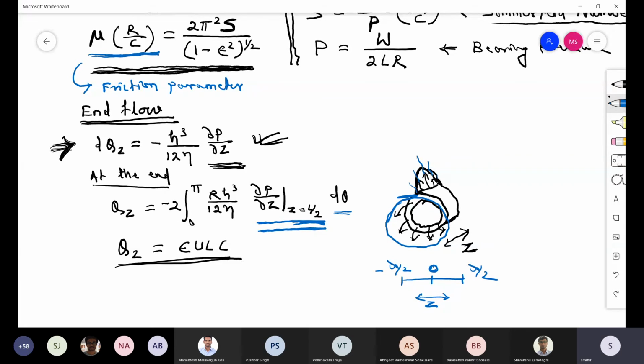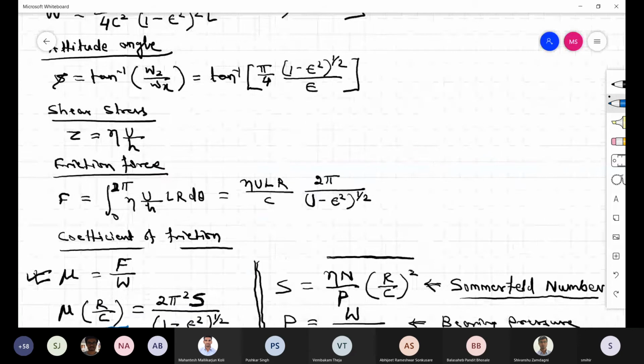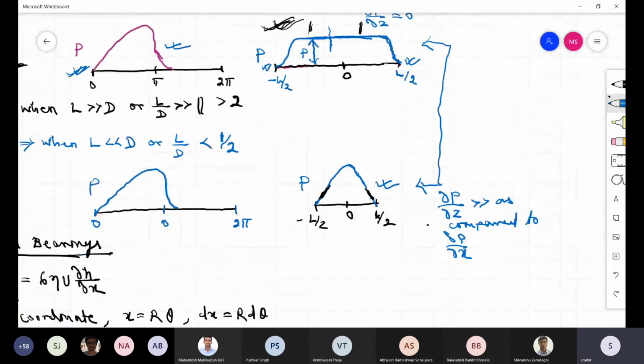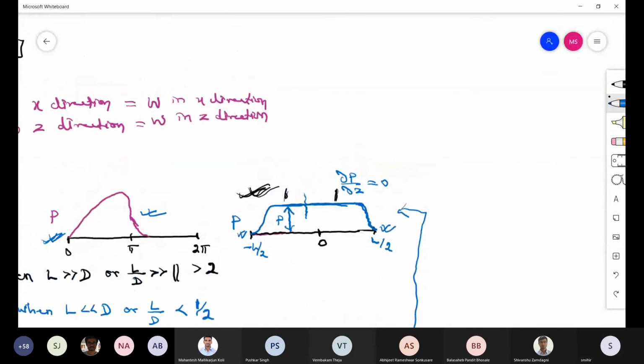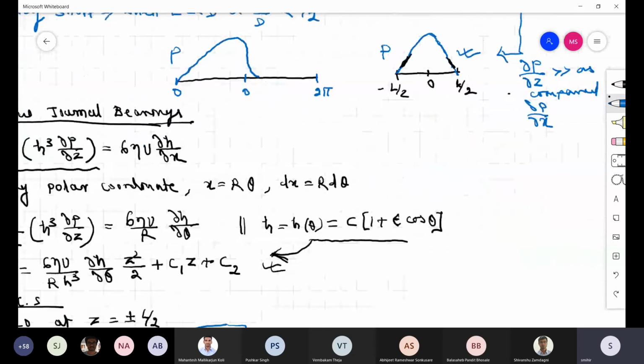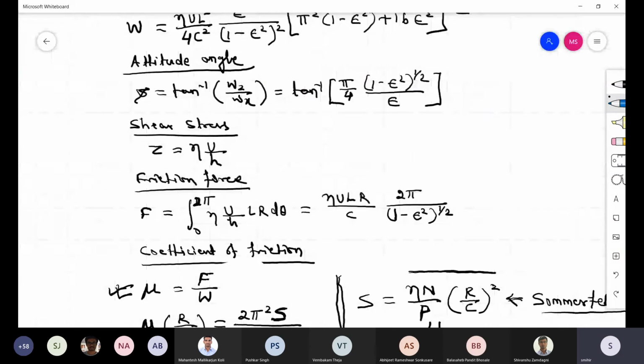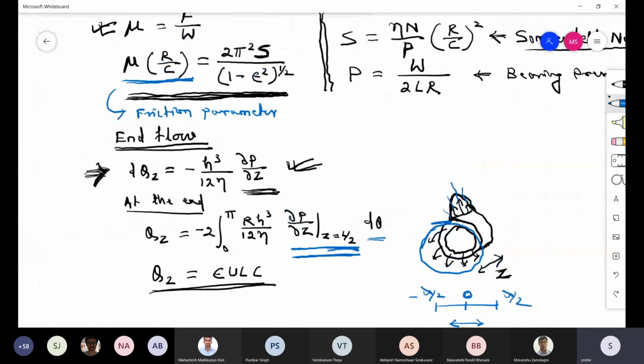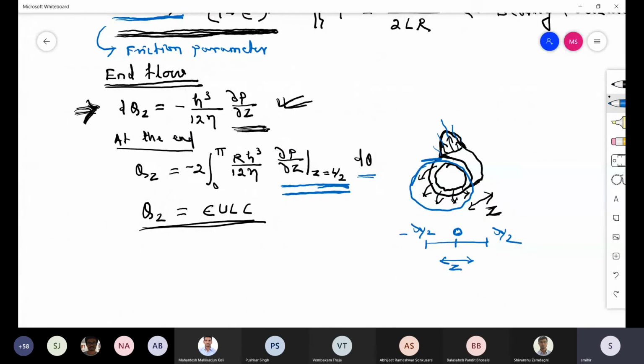Now at Z equal to 0, at this middle portion, there is no variation of del P upon del Z. So we cannot actually calculate the end flow. And our assumption says that del P upon del Z equals 0. So end flow has to be calculated based on del P upon del Z. Okay. So any doubt regarding this journal bearing?